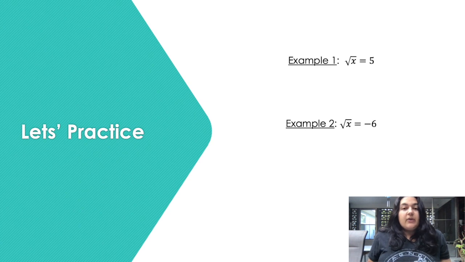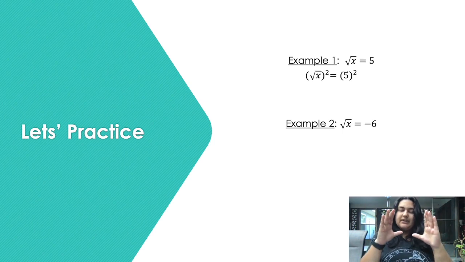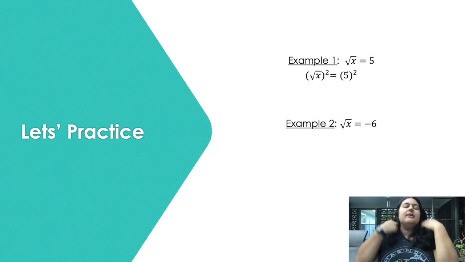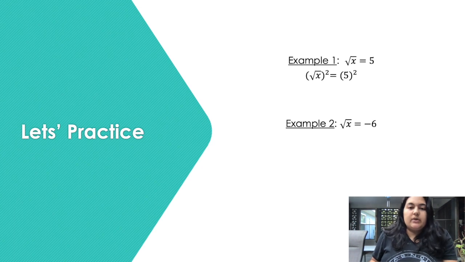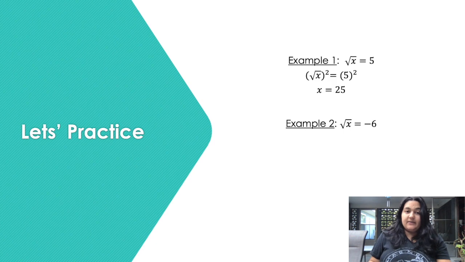That way we can get rid of our square root. So that is what that is going to look like. Okay, I just took the side that has x, put parentheses around it, and then squared it, and then I'm squaring the other side as well. So my square root and square cancel, and I'm just left with x is equal to 5 squared, which is just 25.